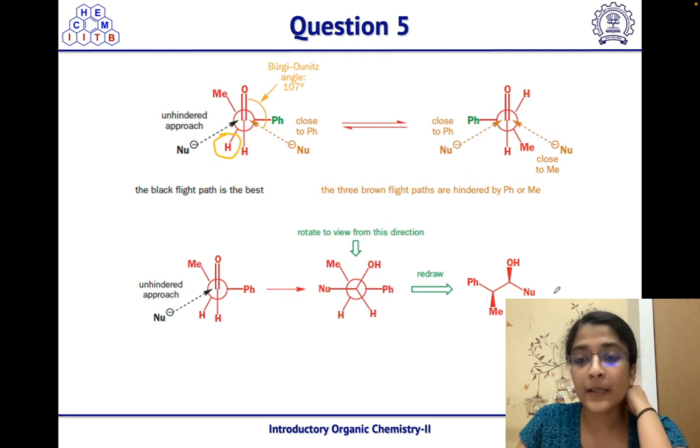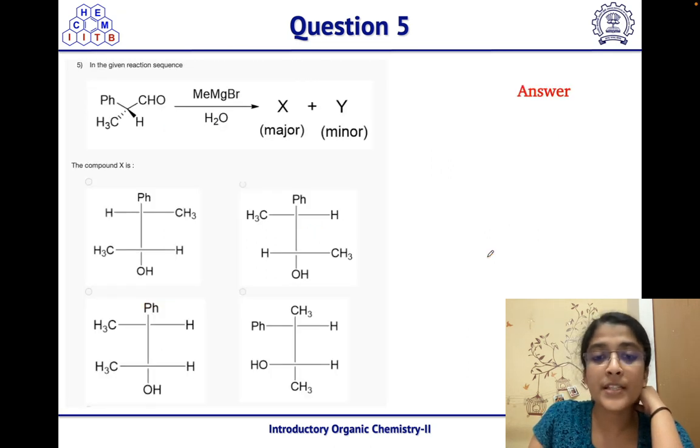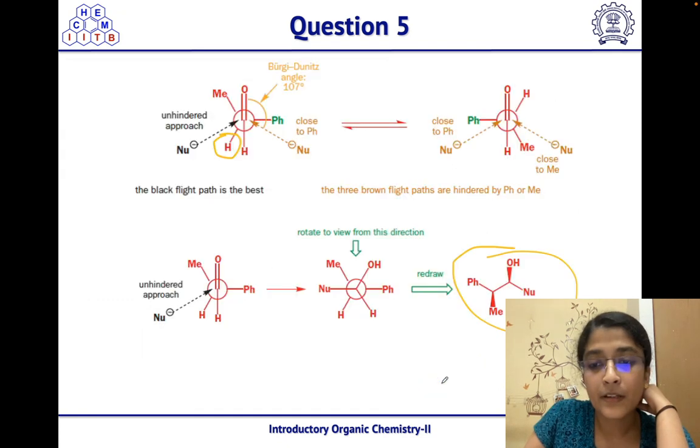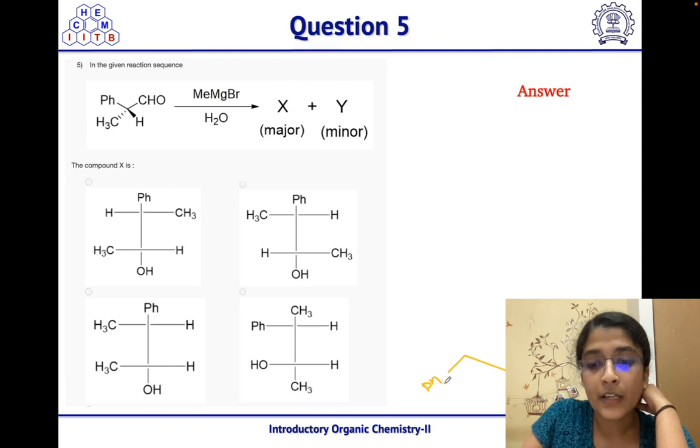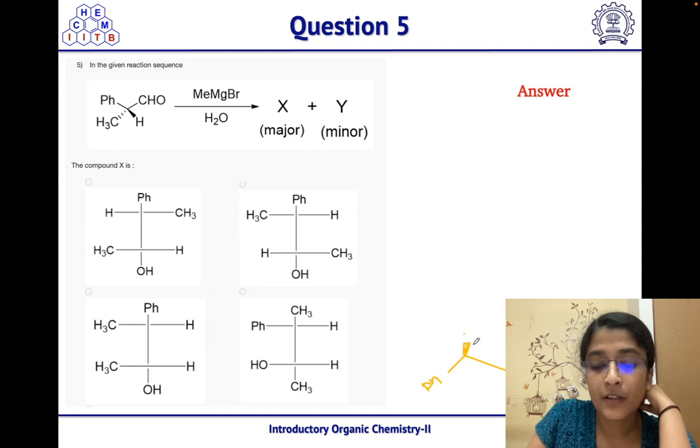So this answer, this is the right option. This is the major product, and if we redraw it in Fisher projection format, the correct answer will be this one. If we redraw our answer, here it will be methyl group, here it will be pH, and here it will be, sorry, I have to draw in this fashion.